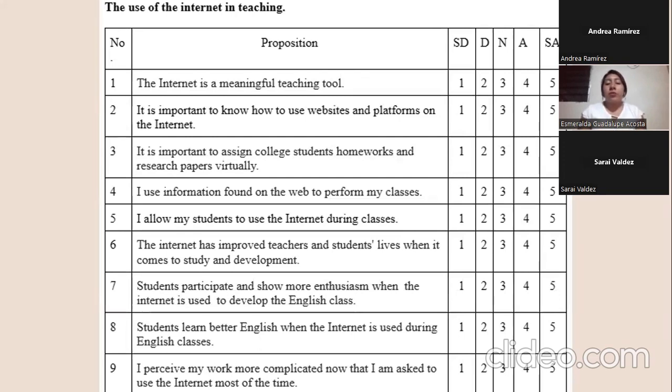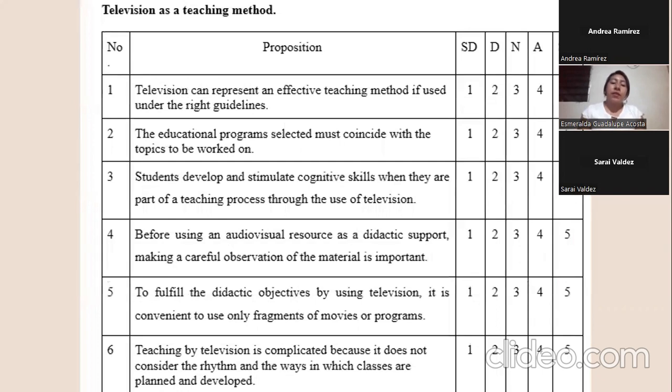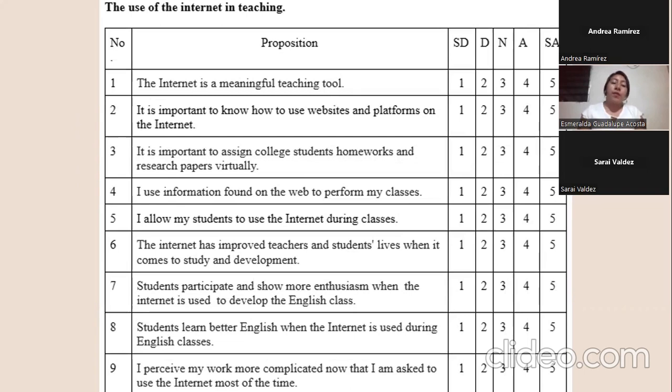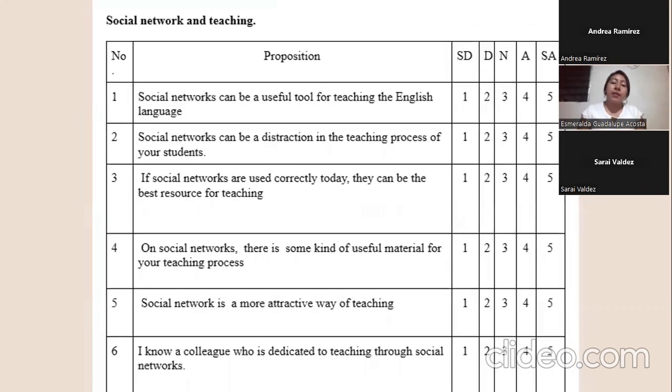They are going to choose from 1 to 5. 1 says strongly disagree, number 2 disagree, number 3 neutral, number 4 agree, and number 5 strongly agree. We have 10 items for each variable that we have. The first says television as a teaching resource, then we have the internet, and the last one is social network and teaching. So in total, we have 30 items in our instrument.